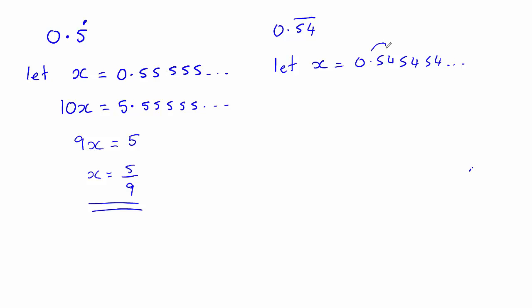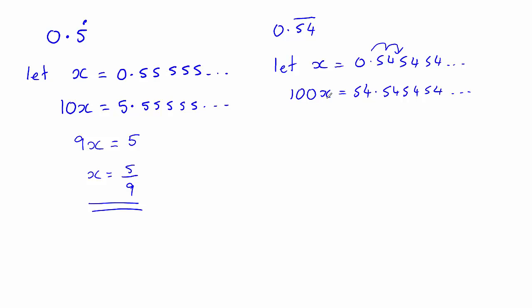So I'm going to want the decimal point to go 2 places into here. So to get the decimal point to go 2 places, I'm going to multiply by 100. So I'm going to have 100x, and then that will be 54.545454, and so on. So the decimal is the same.